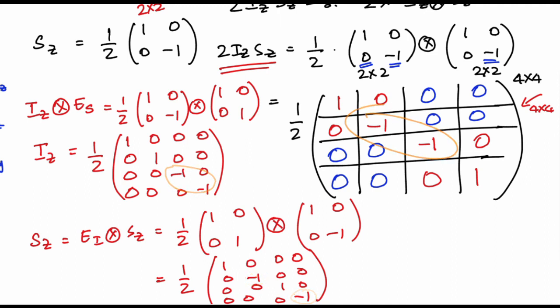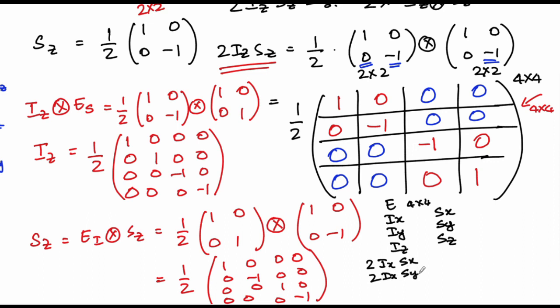So similarly, I encourage you guys to determine how all the remaining operators look. What do I mean by remaining? The identity will be a 4 by 4 identity. You can write IX, IY, IZ we just wrote, SX, SY, SZ, and it doesn't stop here. There are also going to be additional terms which go to 2IXSX, 2IXSY, 2IXSZ.